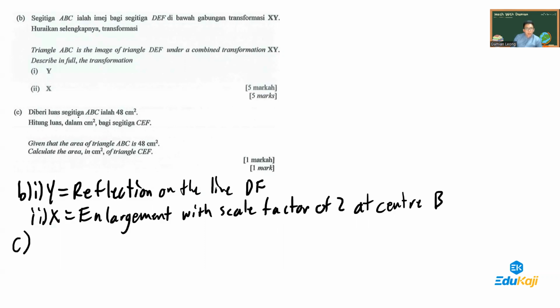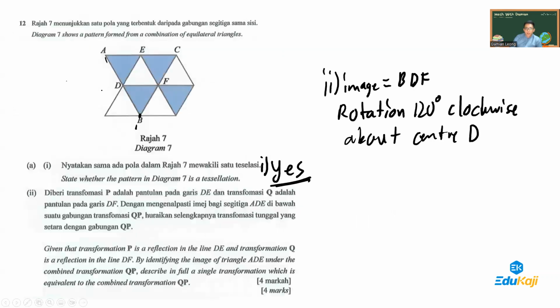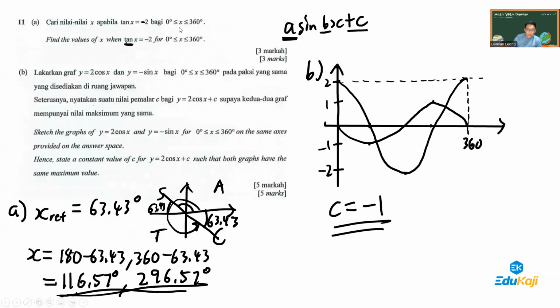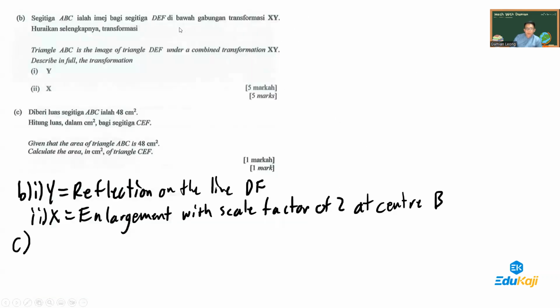C, I want to find the area of CEF if ABC is 48. ABC, this whole thing, is 48. CEF, this one, the small one. So we find back the area of the object basically. Area of image is equal to scale factor squared times area of object.